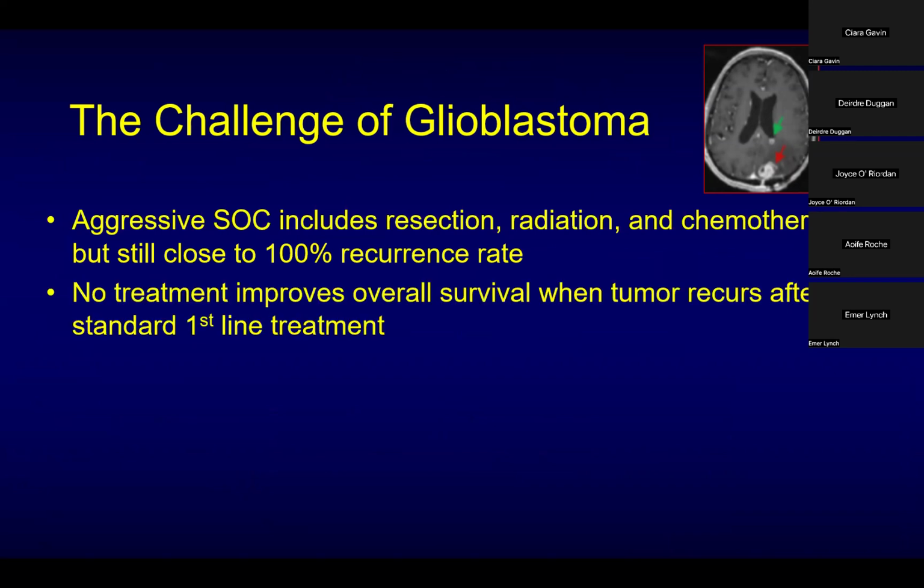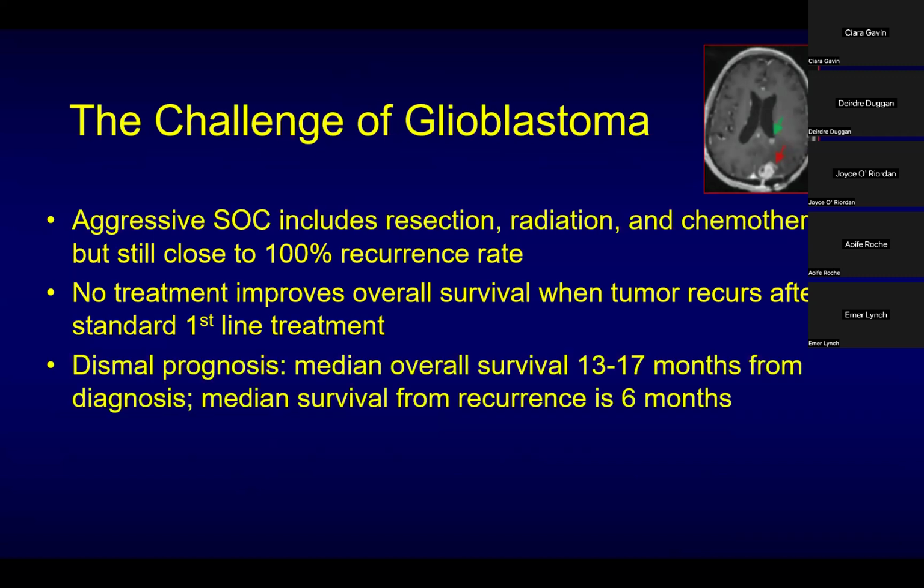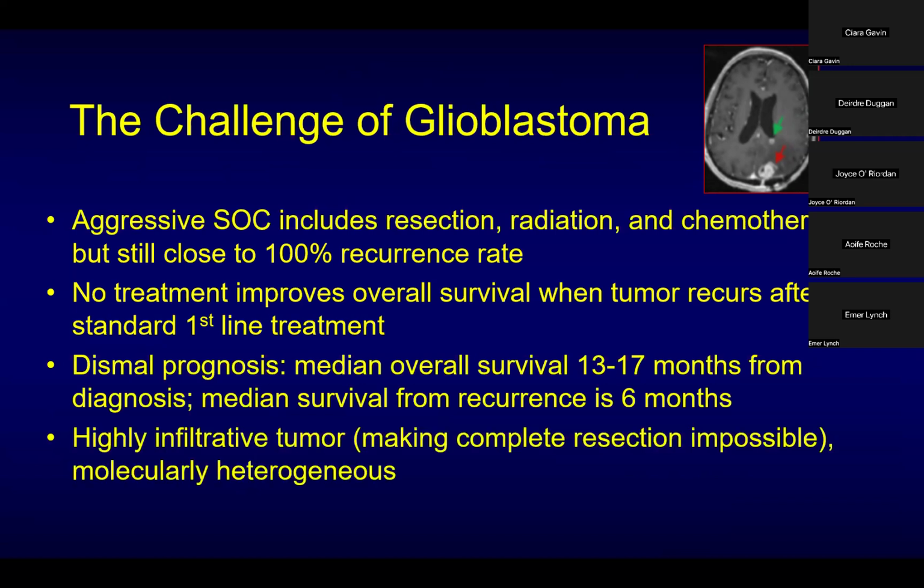And when recurrence happens, no treatment improves overall survival. So there's a dismal prognosis with median overall survival on the order of a year, and median survival from recurrence is just 6 months. It's also highly infiltrative, and that really makes complete resection impossible.